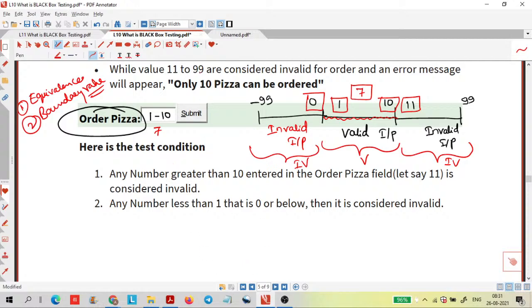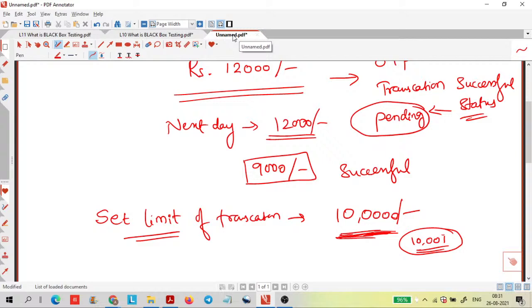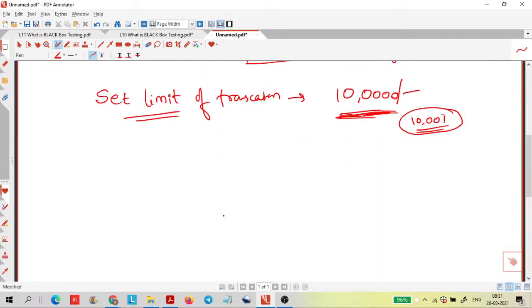So in the case of this limit, suppose this is the valid input, the valid class.